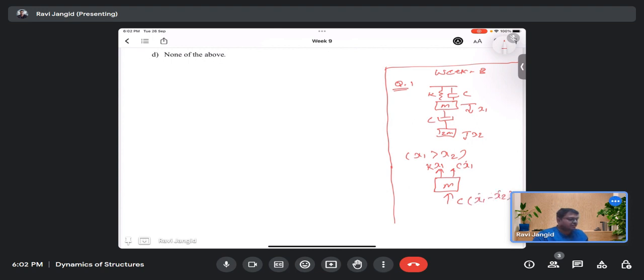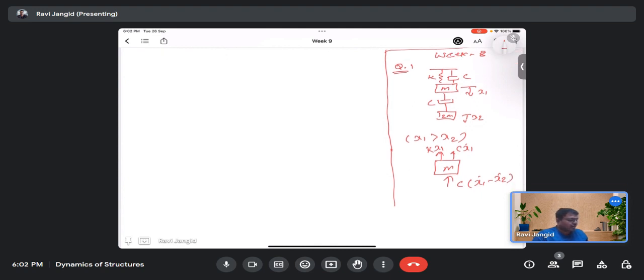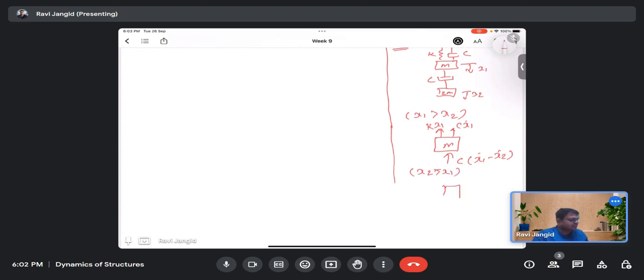Now if I consider x2 greater than x1, how would my force be? These are the same, k times x1, c times x1 dot, and then in this direction it would be c times x2 dot minus x1 dot, this way.